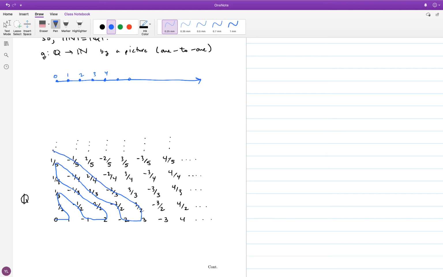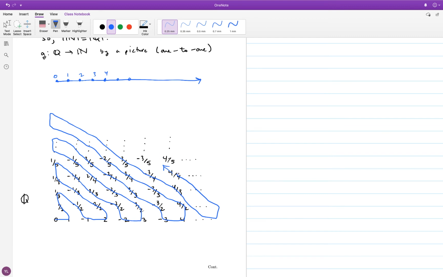And notice that as I'm traversing the picture, I am picking up every single rational number regardless of its row and its column. So eventually my blue squiggle will reach out horizontally as far as I like, and it'll also reach up as far vertically as I like. So if I use this method, I will cover all of the rational numbers.